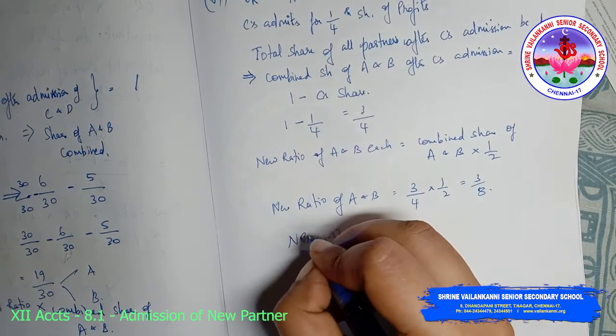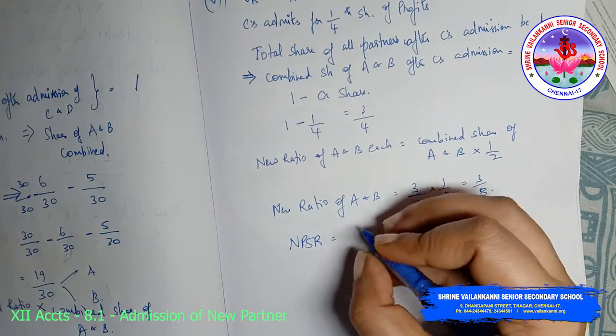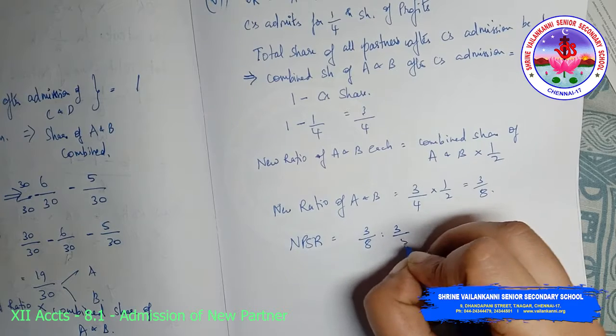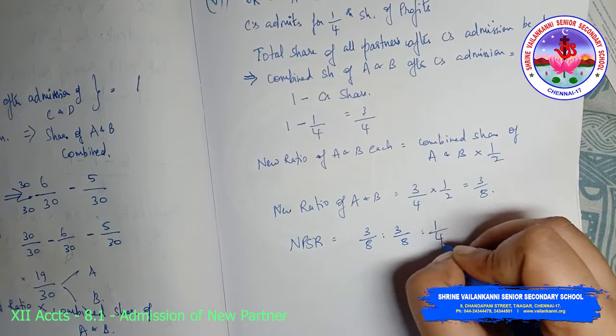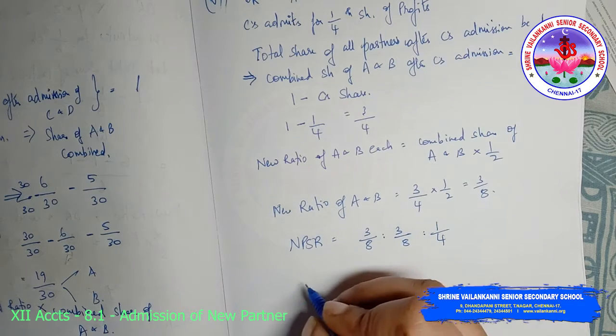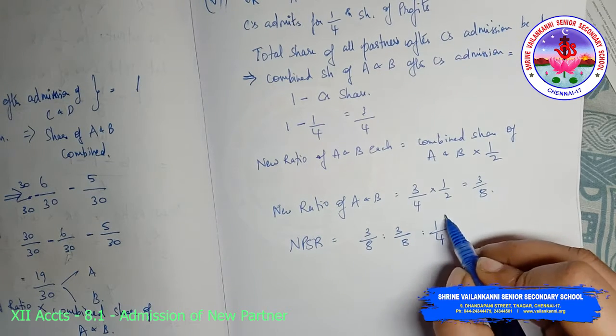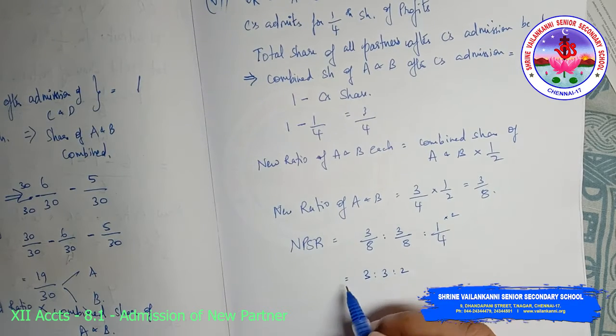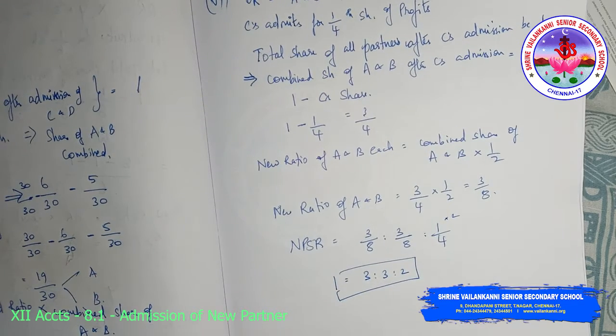So the new profit sharing ratio is 3/8 is to 3/8 is to 1/4. So I'm going to multiply this with 2. So 3:3:2. This is the new profit sharing ratio.